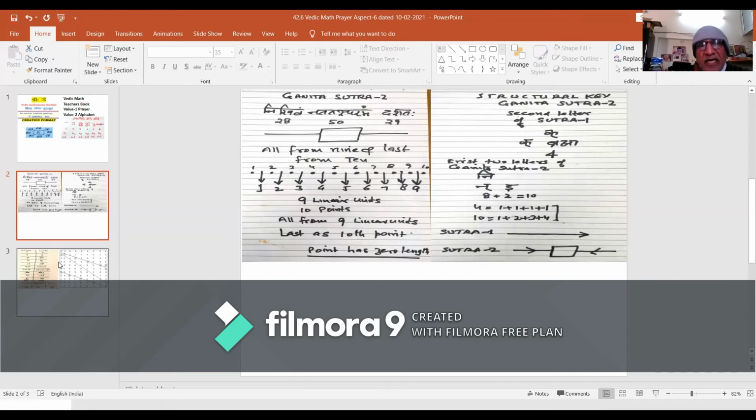Let us have a further visit to the organization of the text of Ganita Sutra 2. This text is a composition of 3 word formulations. Firstly, Nikhilam, secondly, Navastha Charmam, and thirdly, Dashata. See, Ganita Sutra 1 is a text availing a pair of word formulations, namely Ekadhikena and Dashata.